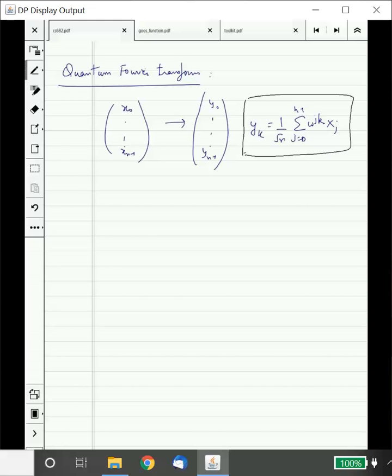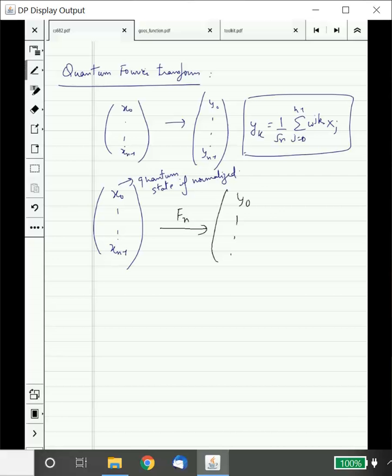I am viewing it as a vector. I can even view this x0 to xn minus 1 as a state. Assume that this is normalized. In that case, this vector becomes a quantum state. Knowing that Fn is unitary, we know that y0 to yn minus 1 is going to be a quantum state.